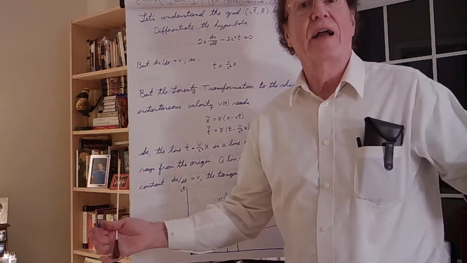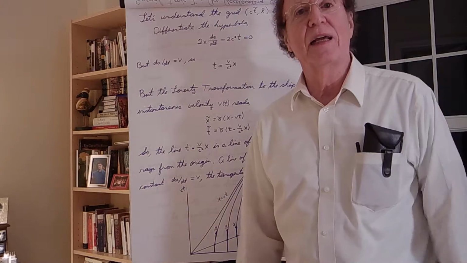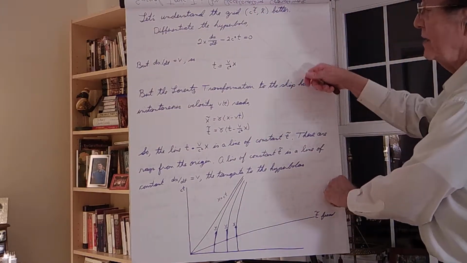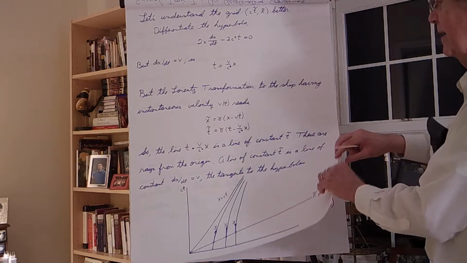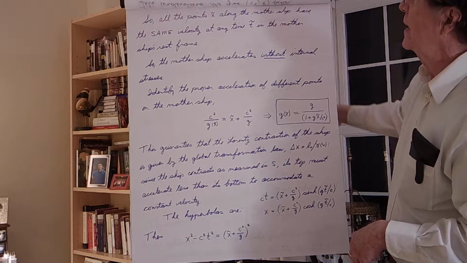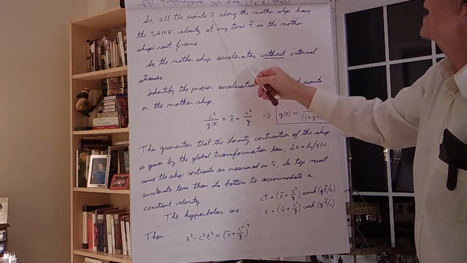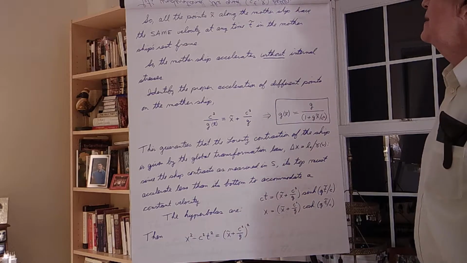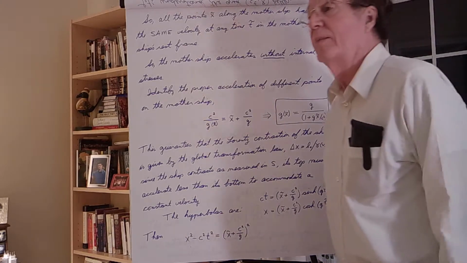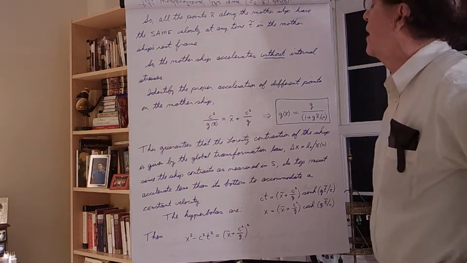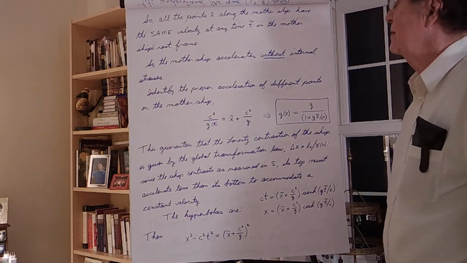So my rocket ship doesn't fall apart. It doesn't get stressed out. And that's critical. And that's just this little bit of arithmetic here, and that's said here. So all the points x tilde along the mothership have the same velocity at any time t tilde in the mothership's resting frame. Like I say, that's just a fact about invariant hyperbolas.